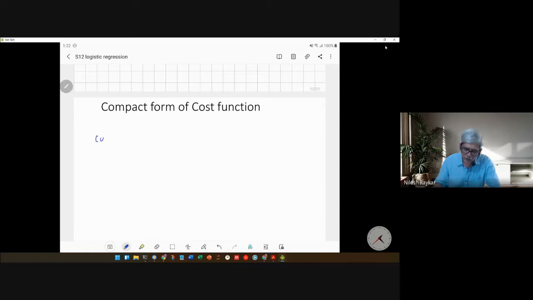So we can write cost h theta xi, yi as follows. So it is minus yi log of h theta xi minus 1 minus yi log of 1 minus h theta xi.